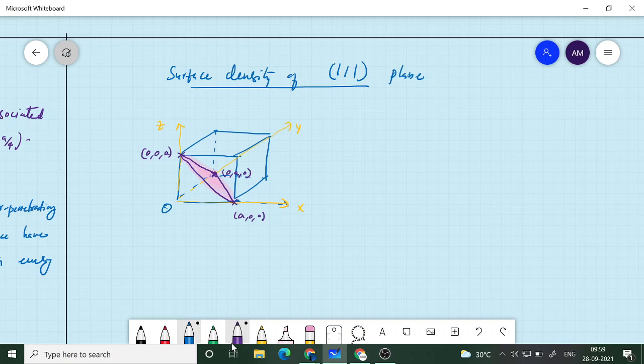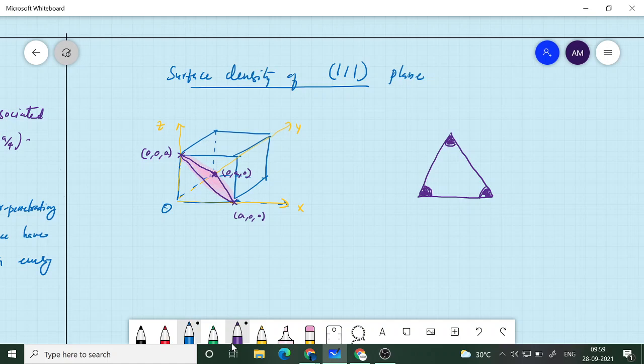So let me redraw that triangular shape and put the atoms also. Okay, so there are atoms in the corner like this. Each corner has an atom. How much percentage of the atom is coming into this area?